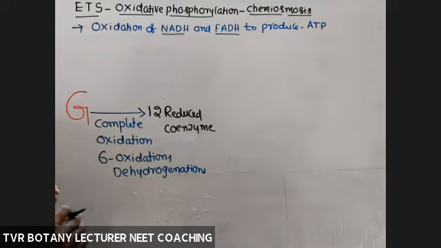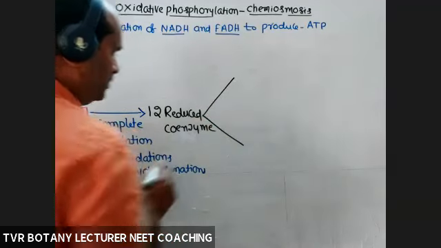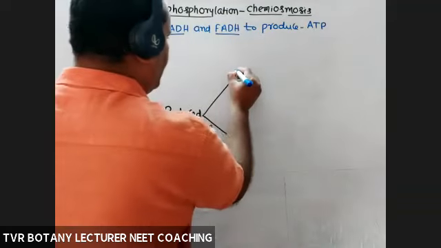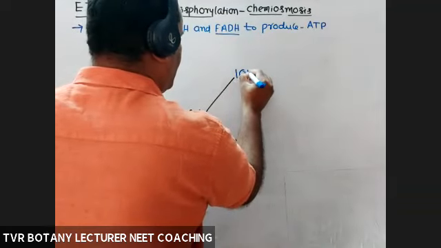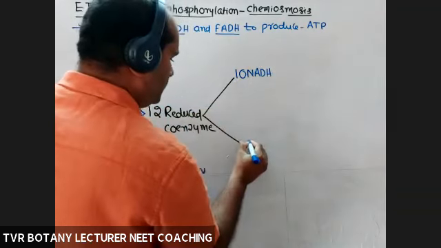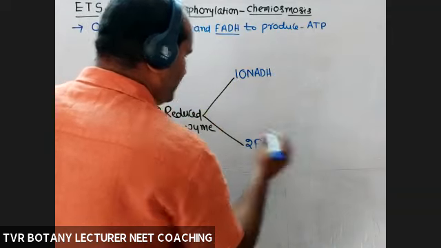If any color is not visible, I will change it. Please tell me. 12 reduced coenzymes. Okay, out of 12, 10 are NADH and 2 are FADH.